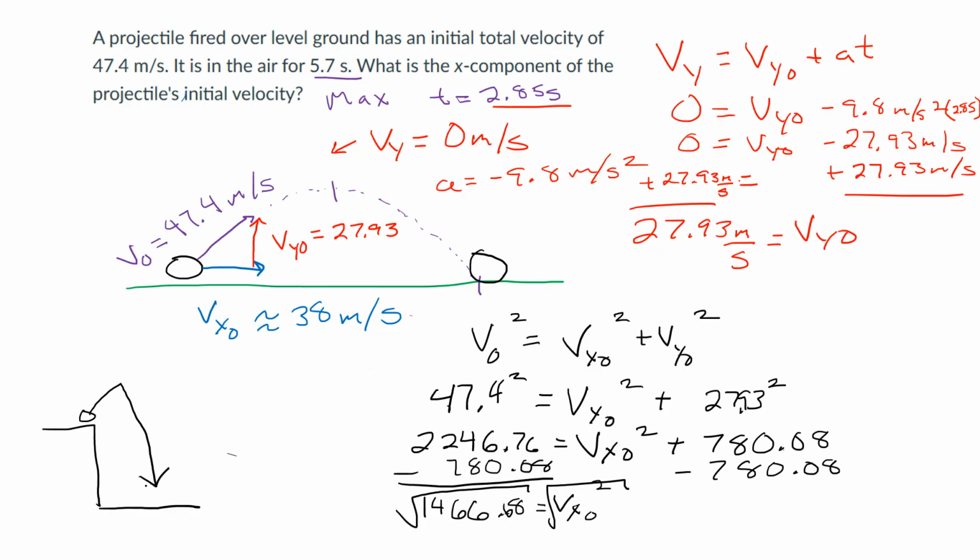When you have something that looks like this, you'll get a really bad answer because your final y is going to be in a completely different spot. So you have to separate them, because it's not symmetrical. It won't be the same.